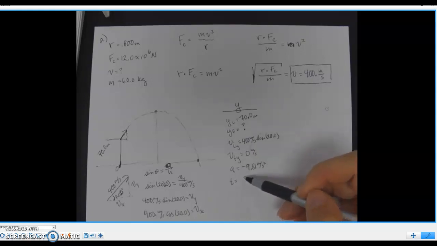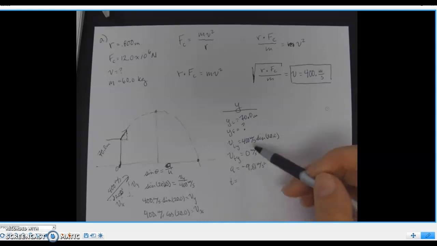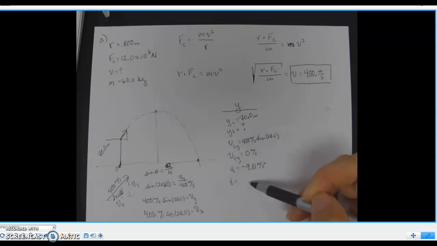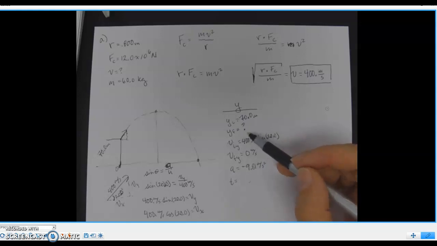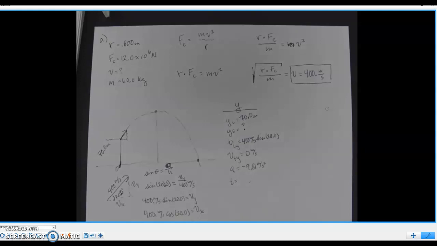You can solve for the time first and then use that to figure out the height, because remember later we're going to need to know that number. Or there is an equation that doesn't have time and we can solve for y final. I think it's about the same amount of work either way. Usually what I do is I use that equation that doesn't have the time component, and then I solve for it later when I need it later on in the problem.